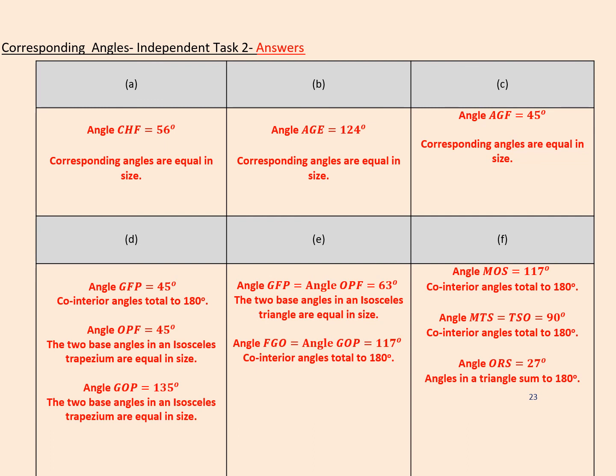These have been written out longhand, so check what you've done on your sketch drawings. What did you get? The first three, of course, were corresponding angles. All three of them were corresponding angles, the tracing paper ones.